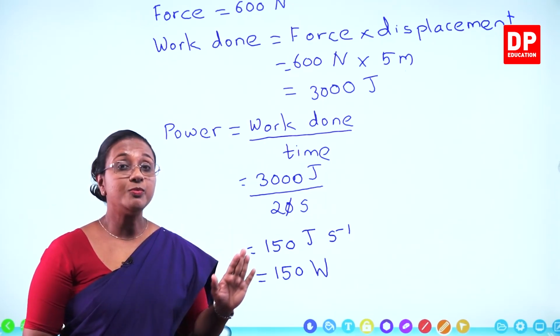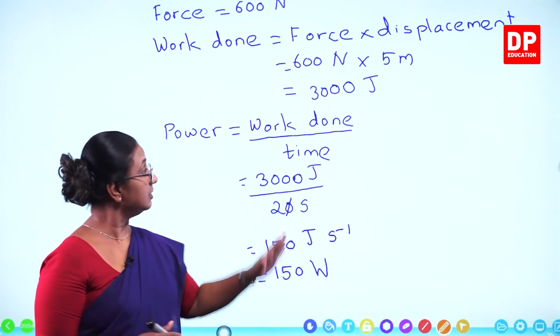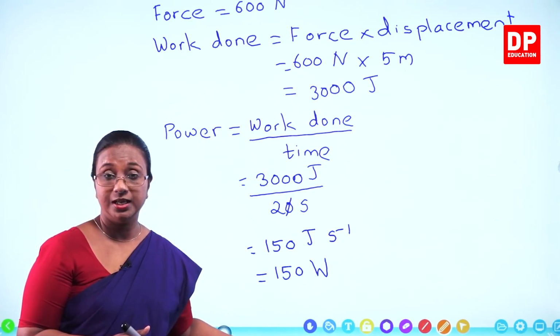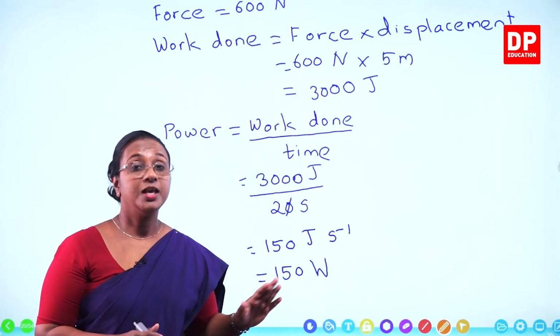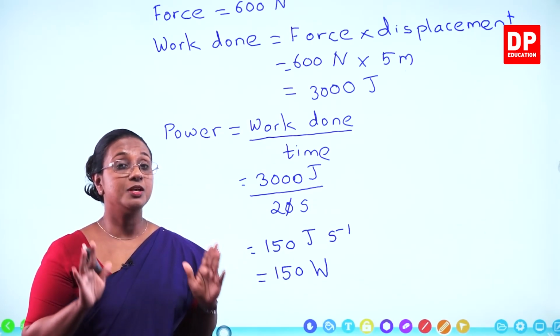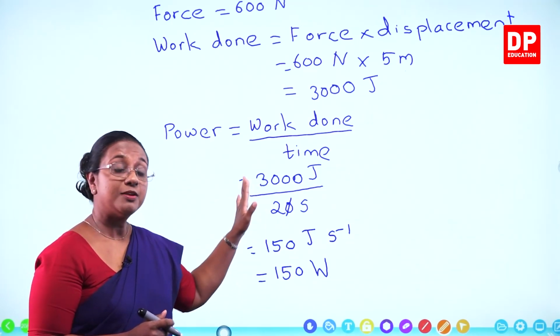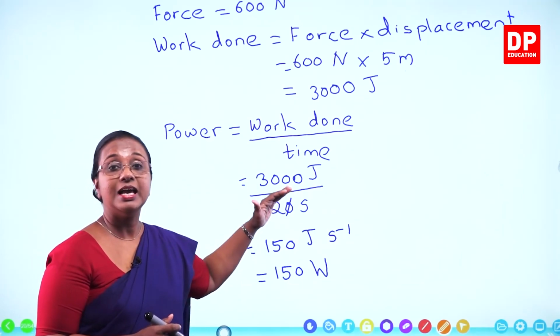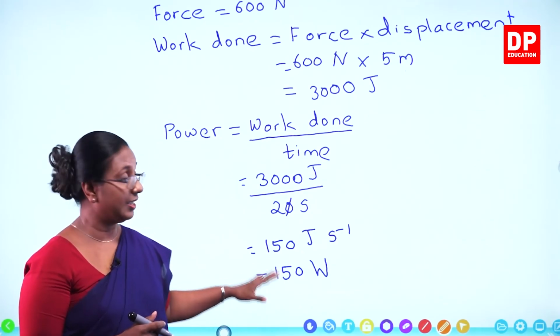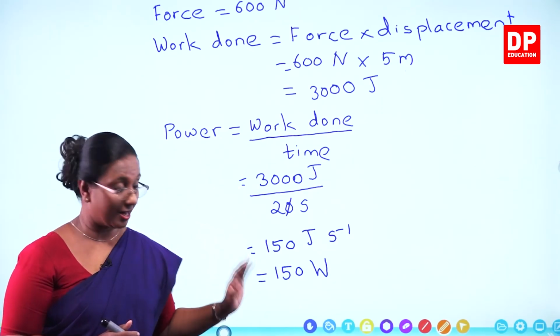For a question where you have to write the answer, you have to show all these working. But for an MCQ, as long as you know the steps, you don't miss out any steps, you don't have to write everything. But for you all to understand clearly, I have shown all the workings with the equation itself.